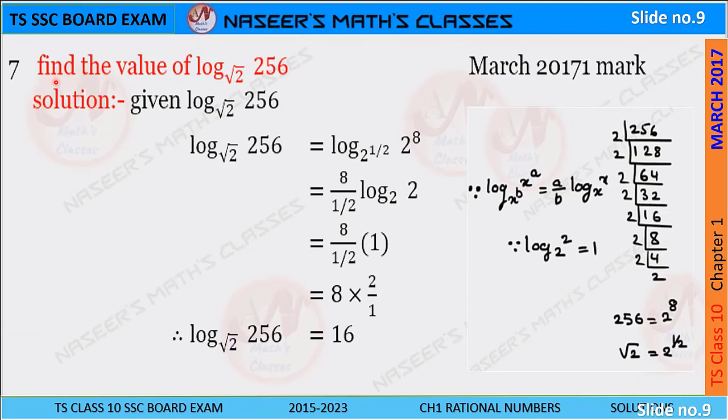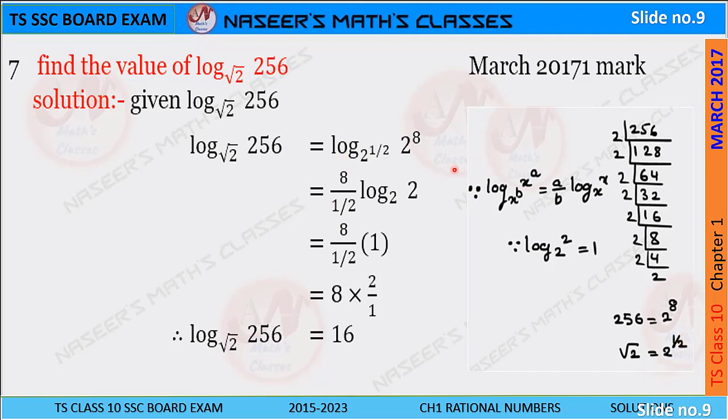Solve the seventh problem. Find the value of log 256 base root 2. So to find this one, first we find the factors of 256. After finding factors of 256, we get 256 is equal to 2 power 8. And we can write root 2 is equal to 2 power 1 by 2.